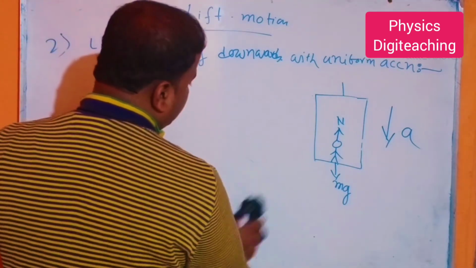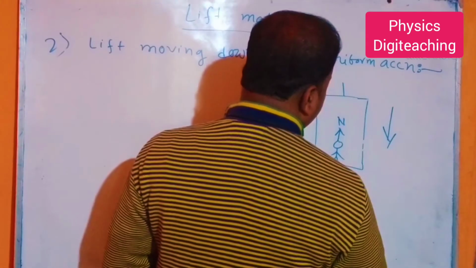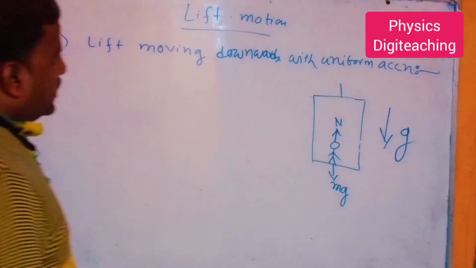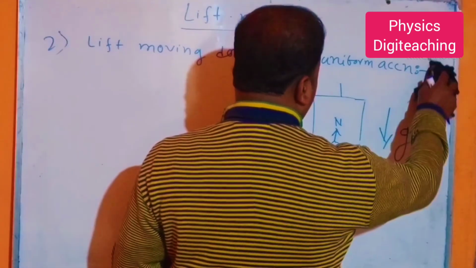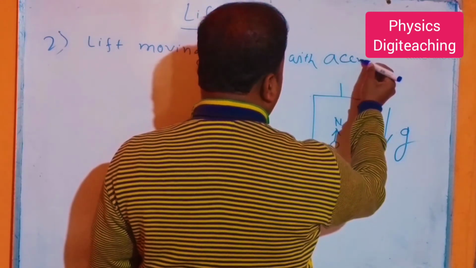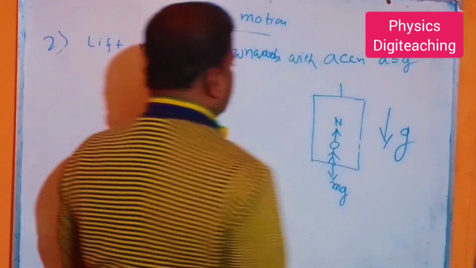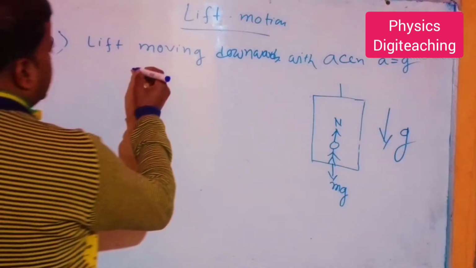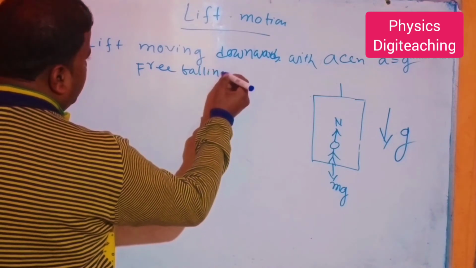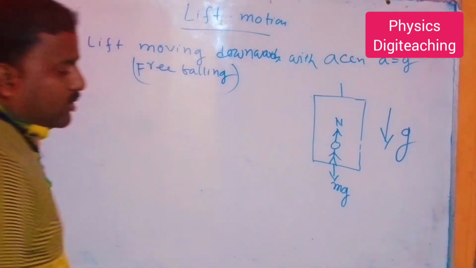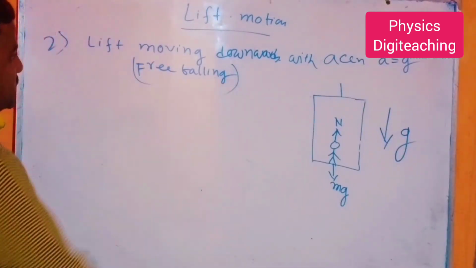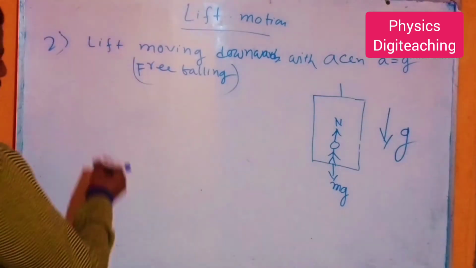What happens if this acceleration is g? The lift moving downwards with uniform acceleration a equal to g is called free falling, as when the rope of the lift breaks.